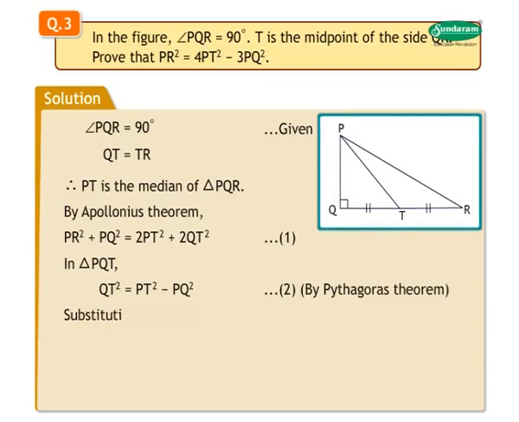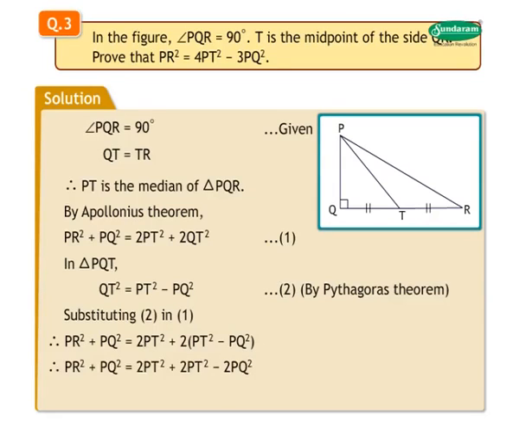Now, by substituting equation 2 into 1, we get PR square plus PQ square is equal to 2PT square plus 2 into bracket PT square minus PQ square. Therefore, PR square plus PQ square is equal to 4PT square minus 2PQ square. Therefore, PR square is equal to 4PT square minus 3PQ square.